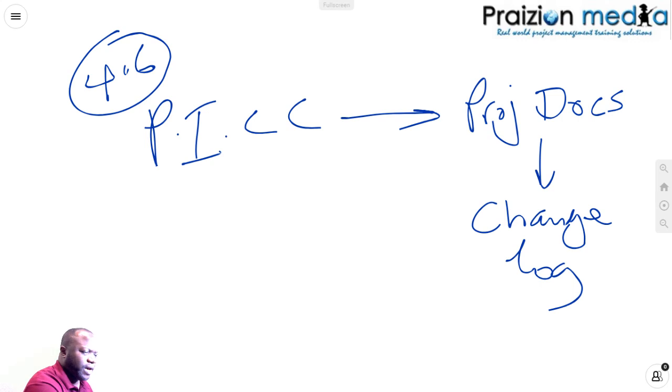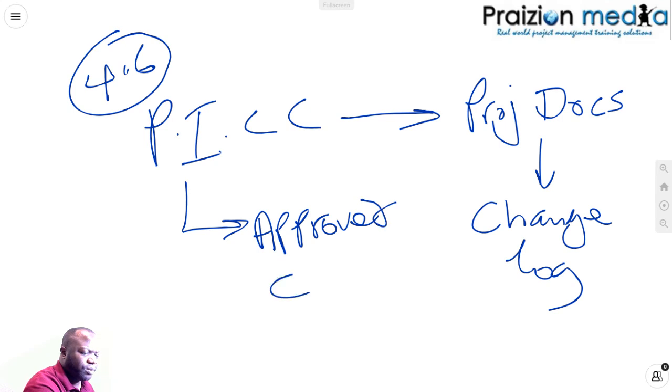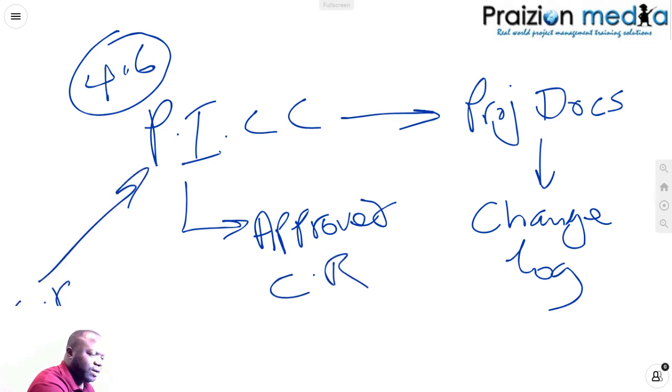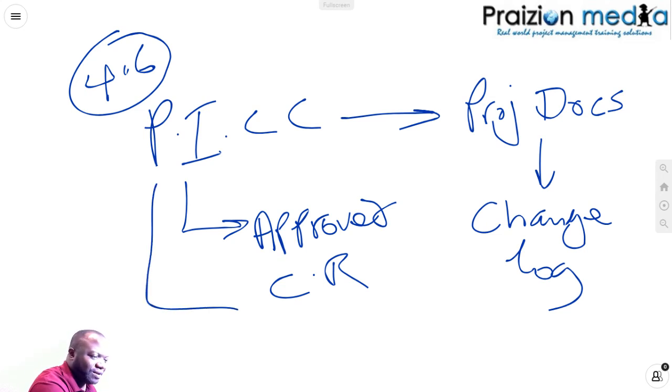We also have approved change requests as before. And of course, we've got all change requests leading in here. We also have, beg your pardon, now you can't see it because of me. So let me do that again.